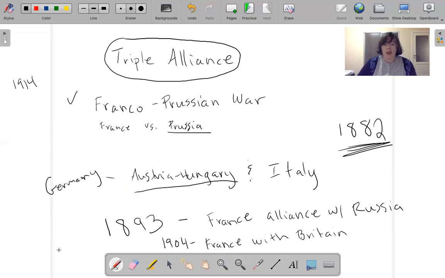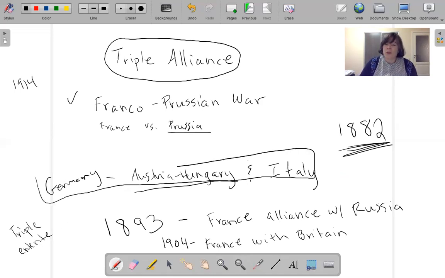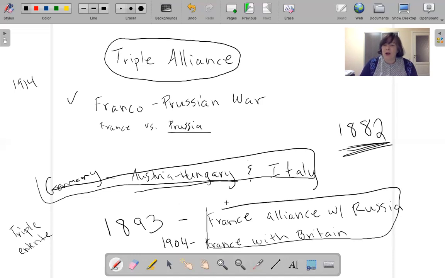That's the Triple Entente. And entente is a French word for like alliance, agreement. So these three are the Triple Alliance, and these three are the Triple Entente.